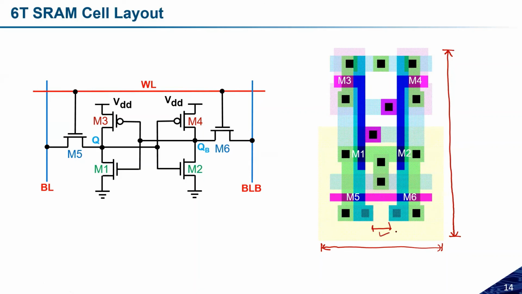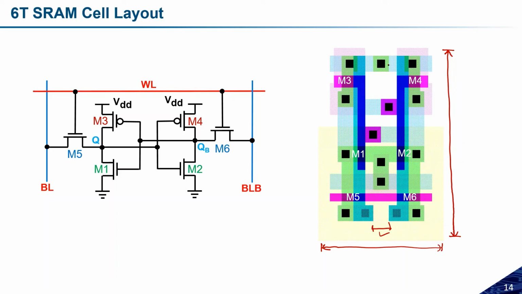So while designing the layout of any circuit, the proper design rules must be checked and the size should be as small as possible. The two conditions are: the design should be as small as possible, and none of the design rules should be violated. It should pass all the DRC checks, and the size should be the minimum.